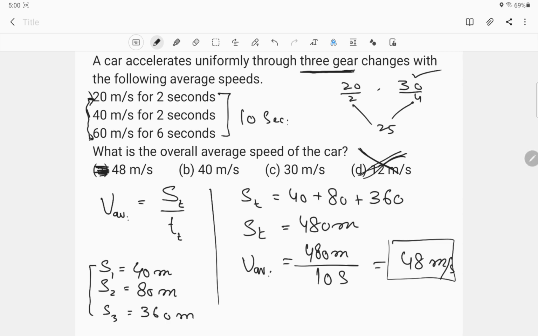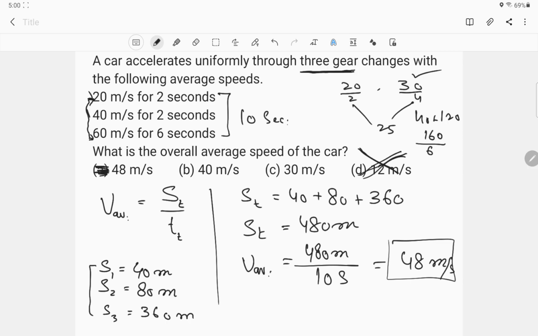How? You can calculate 2 into 20, 40, and 4 into 30, 120. Means it is 160 divided by 2 and 4, 6 seconds. So 160 divided by 6.